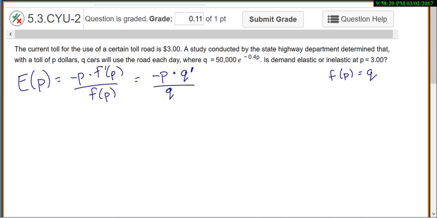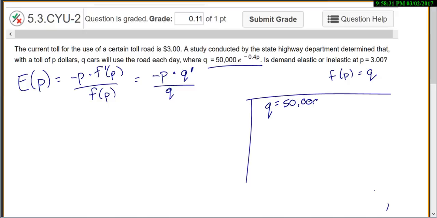So before we plug everything in, let's go ahead and come off here to the side and find the derivative of Q. So Q equals 50,000 e to the negative 0.4 P. Now this 50,000 doesn't really do anything, that's just our coefficient sitting there, so we just bring it out front.